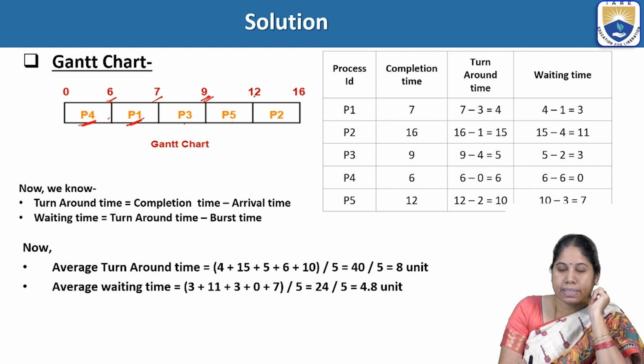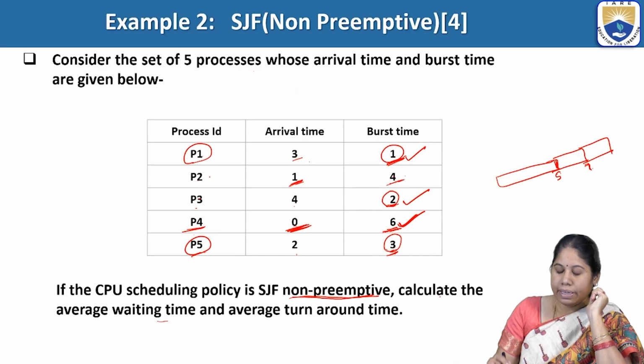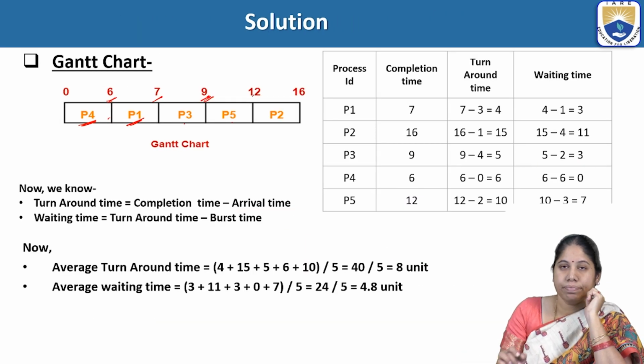So 9 plus 3 is 12, and P5 also completes execution.